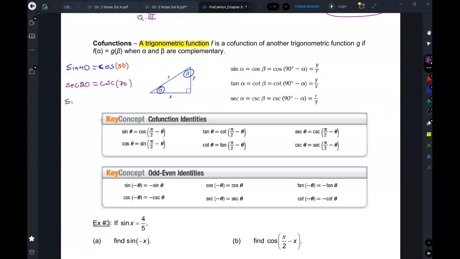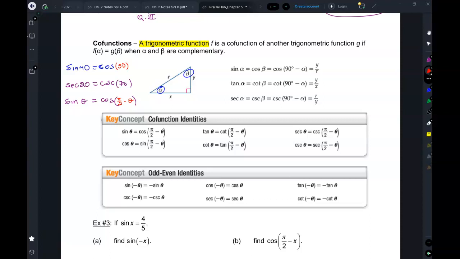Or if you have sine of theta, that's the same as cosine of, what's the complement? 90 minus theta, or pi over 2 minus theta. And that's how the Greeks defined cofunction identities.